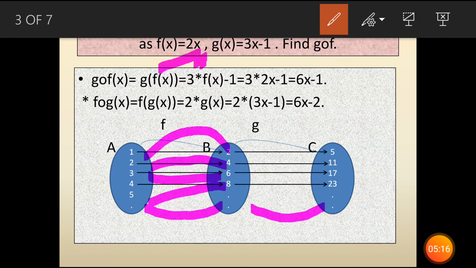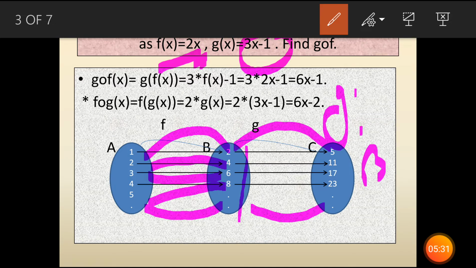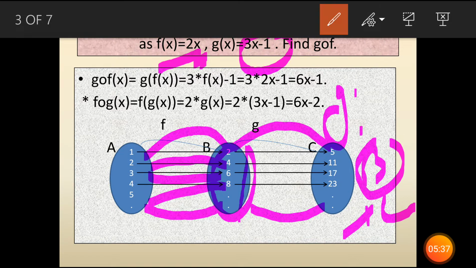Now g is a function from B to C, and g of x is defined as 3x minus 1. So now we put the values of x as 2, 4, 6, 8, because the domain is B, and B contains the values 2, 4, 6, 8.